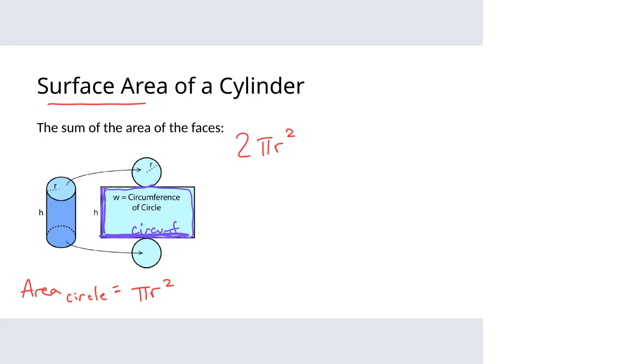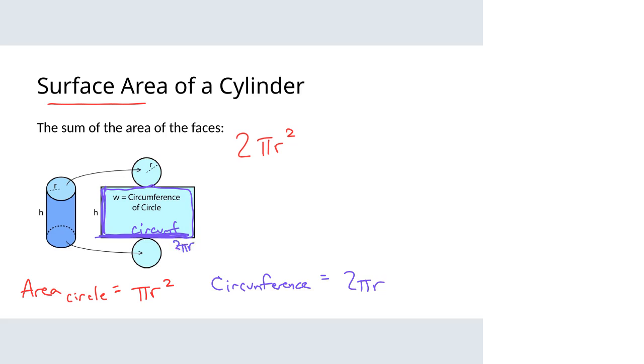Now, the circumference of a circle was 2 times pi times the radius. I could use pi times d, but I know I'm already working with radius here. So let's use the formula for circumference that has radius in it. So the circumference is 2 pi r. So this length here is going to be 2 pi r.